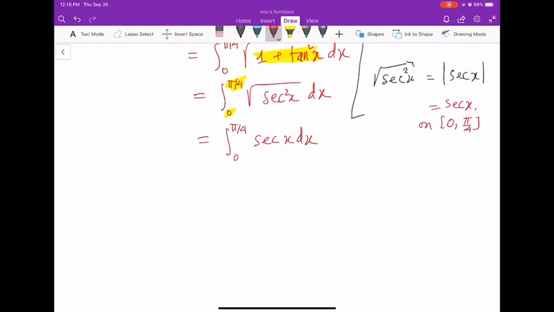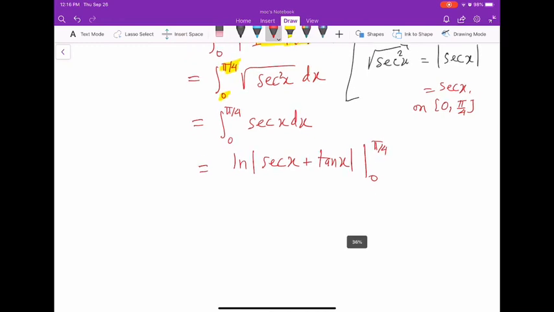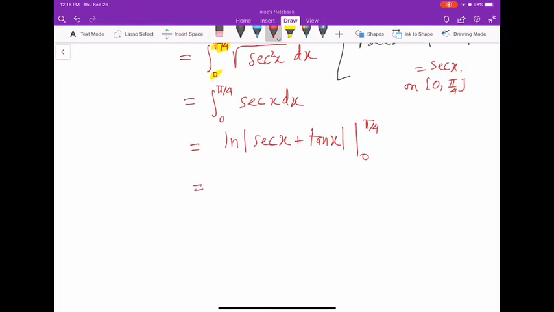So we can use the formula sheet. The antiderivative of secant is ln of secant of x plus tangent of x, right? And this is evaluated from 0 to pi over 4. Now you plug pi over 4 and 0 into this formula. You get ln of secant pi over 4 plus tangent of pi over 4, minus ln of secant of 0 plus tangent of 0.